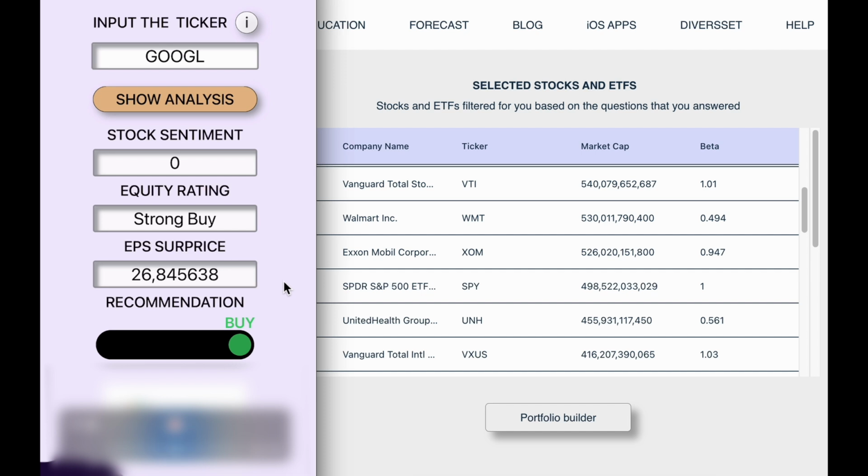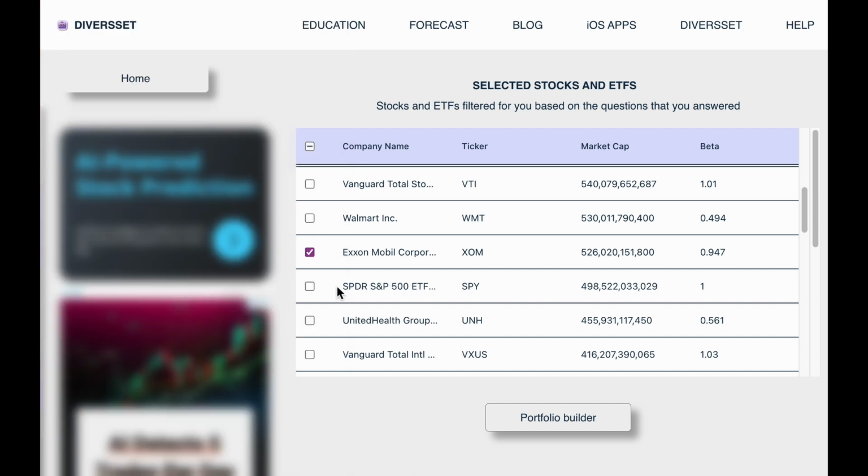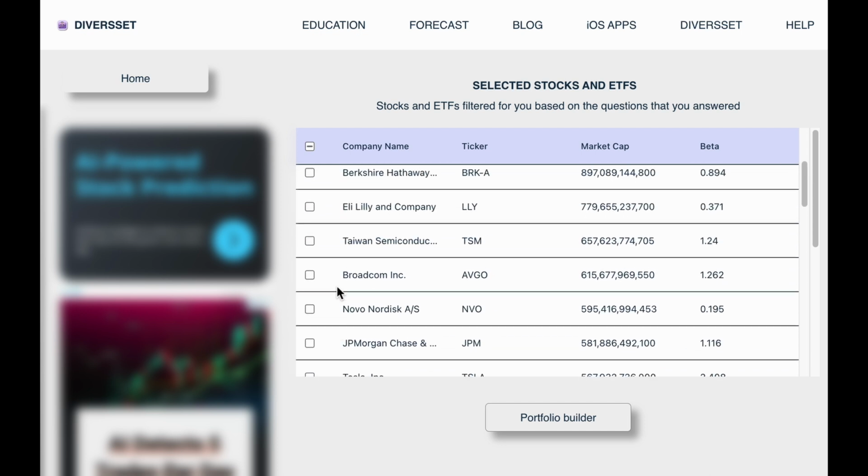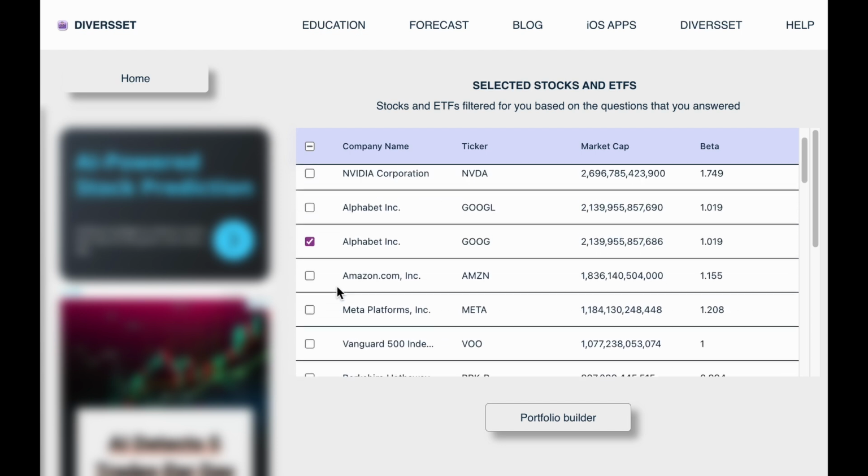And once you find 10 stocks with great growth potential using the stock target price app, and once you find stocks with a buy recommendation over here at the bottom using the stocks to buy application, you can start building your investment portfolio. For the purpose of this video, let's not spend further time selecting stocks.